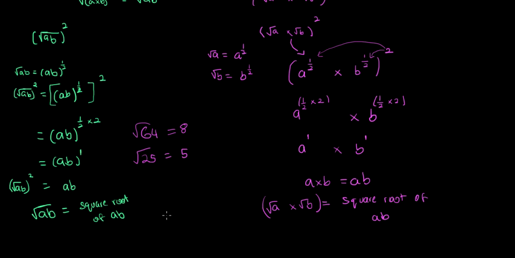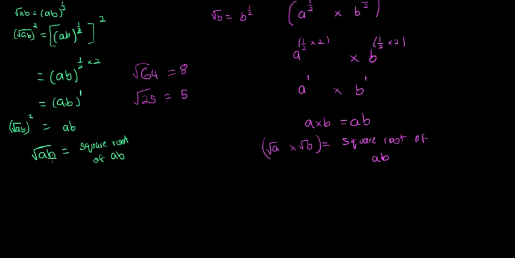So if this value here is my square root of ab, and this right here is my square root of ab, and I know ab can only have one possible square root just by this little inductive reasoning, then that must mean that because these two are square roots, they must be equal to each other.